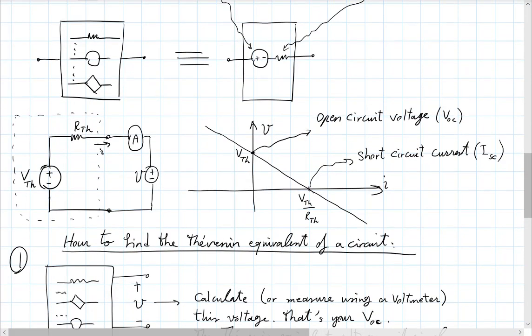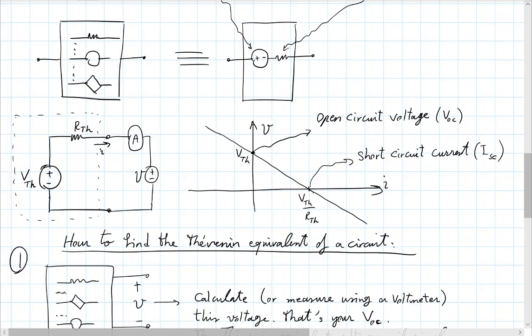Look, this is a straight line, and you just need 2 points to define it. So you don't need to measure the open circuit voltage and short circuit current. You could have measured other points. Imagine you have a voltage source that you put there, and an ammeter, and you apply some voltage and measure the current.